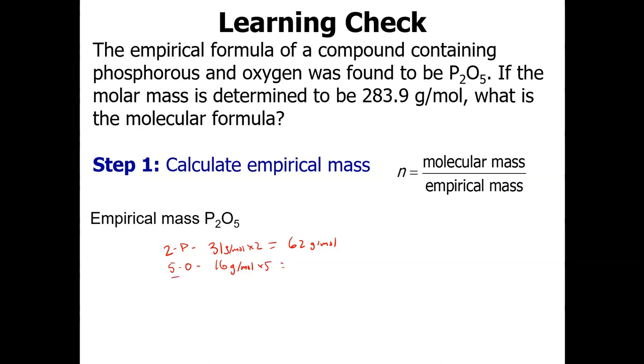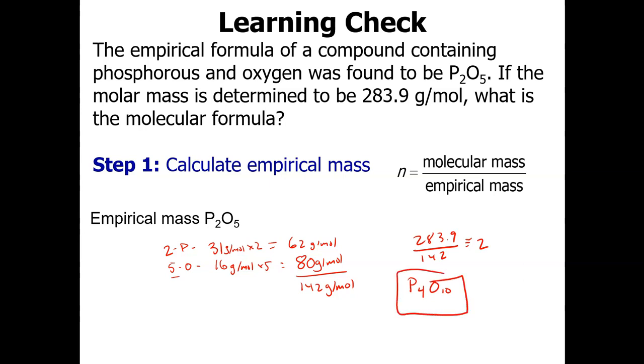That's going to give us 80 grams per mole. We add those together to get 142 grams per mole. Then we take 283.9 divided by 142, and that gives us about 2. So now we know we need to multiply the 2 by 2, so that's 4 phosphorus, and oxygen 5 by 2 is 10. So P4O10 is the actual molecular formula.